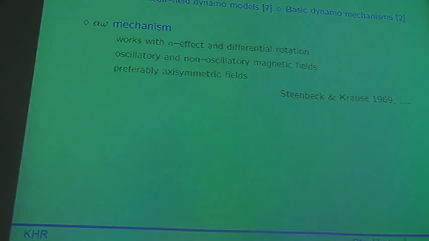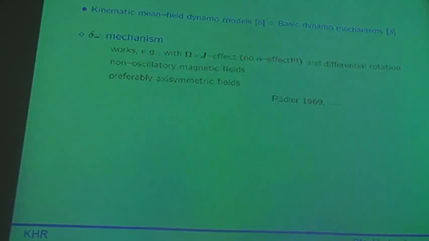These both were dynamo models with alpha effect. But you can have also mean field dynamos without the alpha effect. So I cancel the alpha here. Then I need another mechanism to produce a poloidal field from the toroidal field.